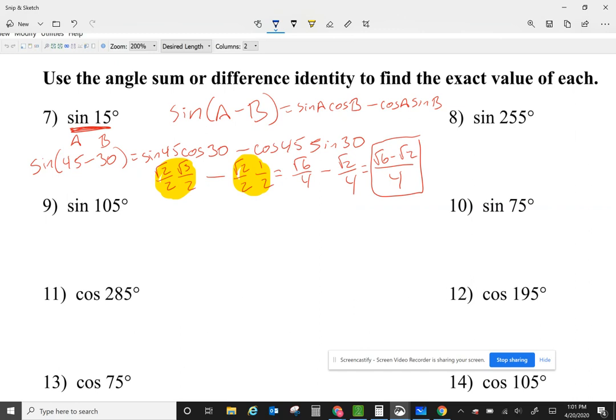Because on the top part of my fraction, I have a minus. Make sure the top part of your fraction, you use parentheses. So the way you're going to type this will be parentheses, radical 6 minus radical 2, close parentheses, that's just the top of my fraction, over 4. I'm not using parentheses for the bottom of the fraction because there's no plus or minus at the bottom.